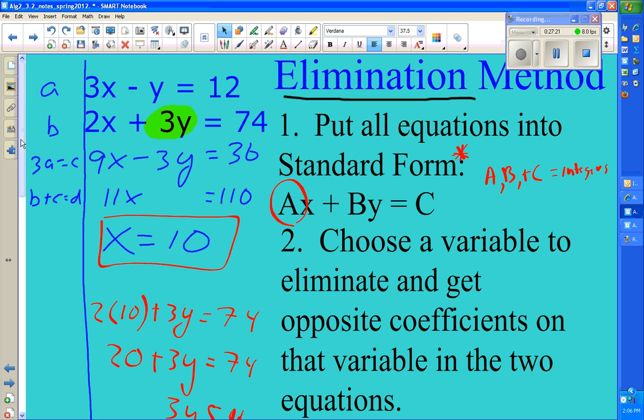Don't use the equation that you got your last variable from. Plug it in the other one to make sure that it checks there. It's going to check, even if you screwed it up, it's going to check in the second equation. Does that make sense? Even if it's not the solution to the system, it will check in the second equation. Plug it into the one that you didn't use last.